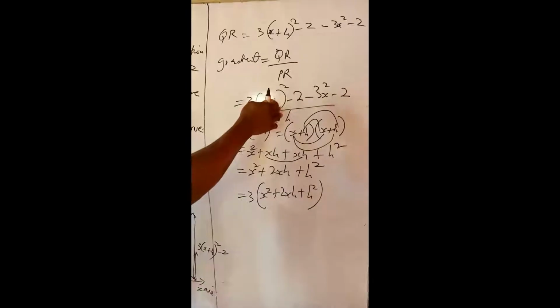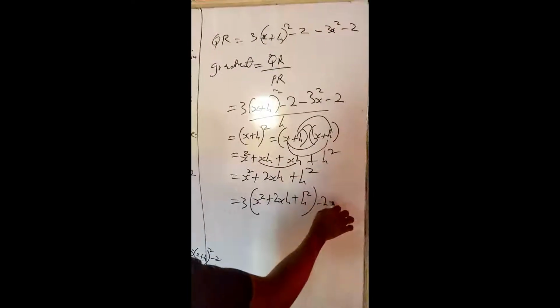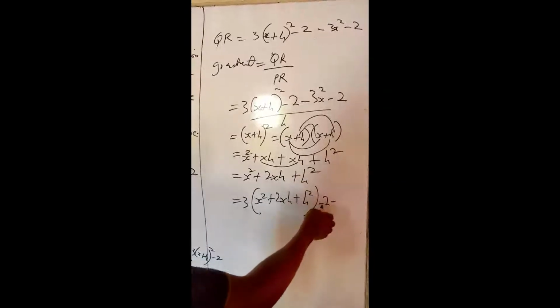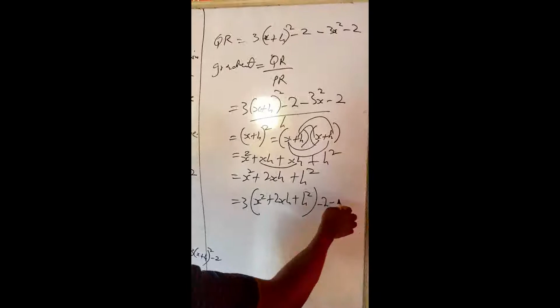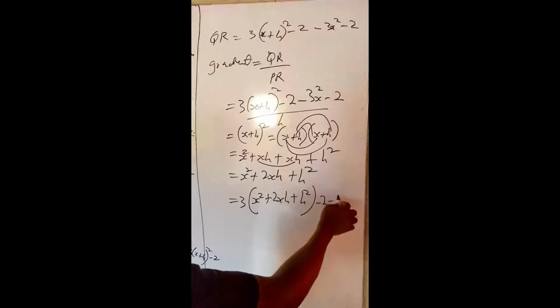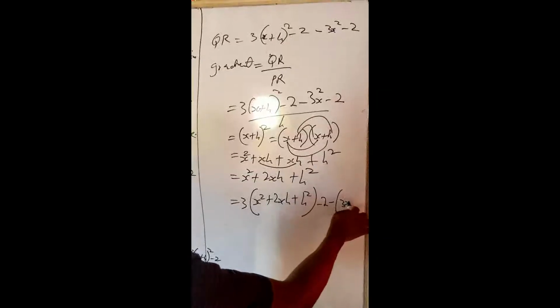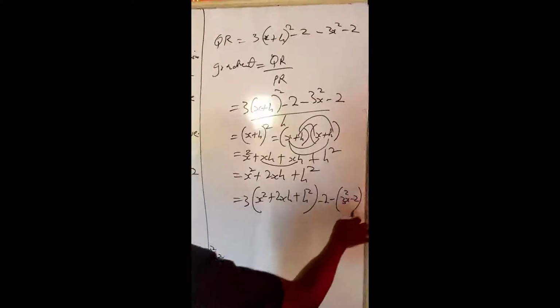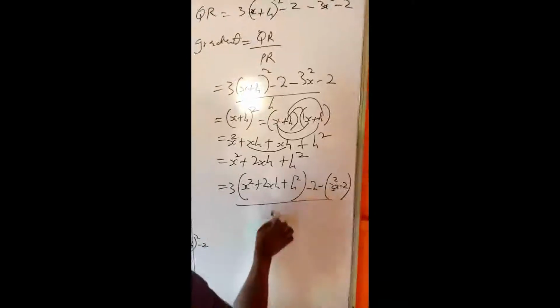You have not finished. Minus 2, minus what you have there, which is 3x squared minus 2, all over h.